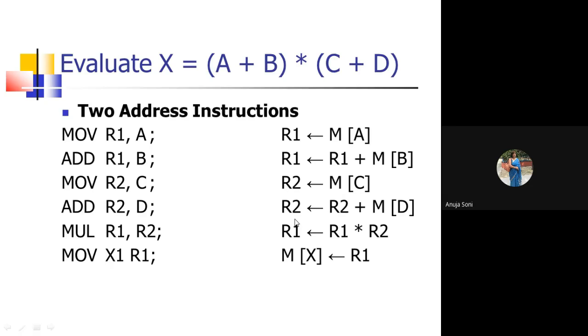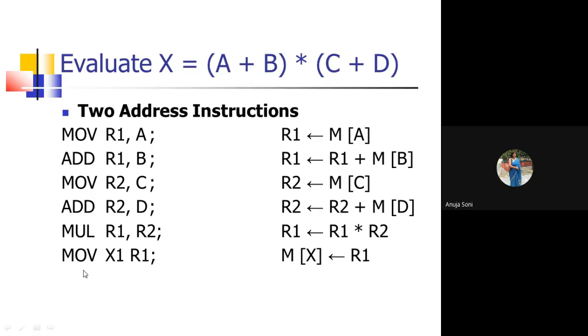Once the value is in R1, ultimately you want to store that value in X. This is our desired result. This expression needs to be evaluated, and the result should be stored at some location in memory as per the given statement, right? So then we need to apply one more move statement.